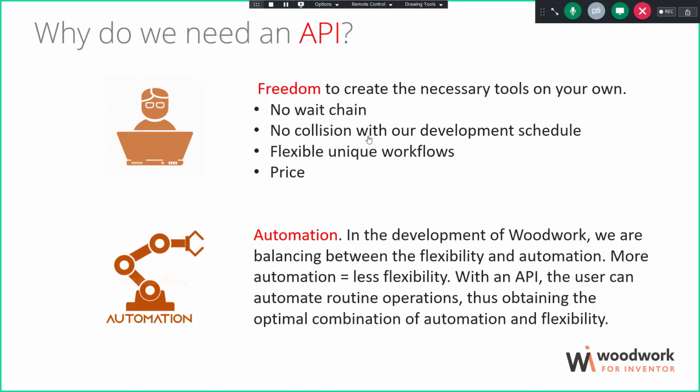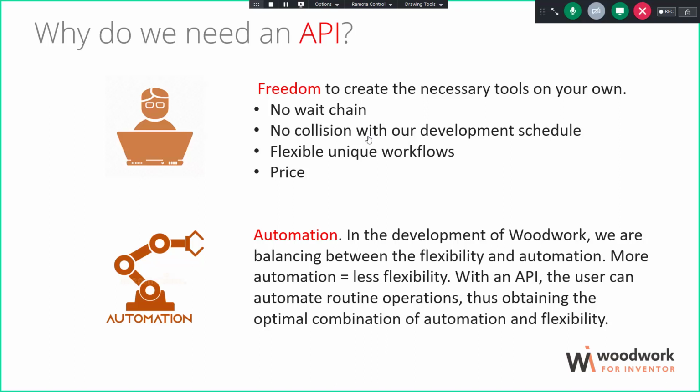Speaking about automation, there is always a balance between flexibility and automation. The more automated things are, the less flexible they are. You can just imagine some examples of that. Let's say you have a coffee machine, but this coffee machine can make only coffee. So if you want a tea, you need to have some flexibility in it.